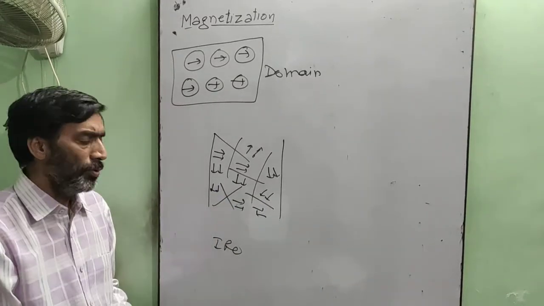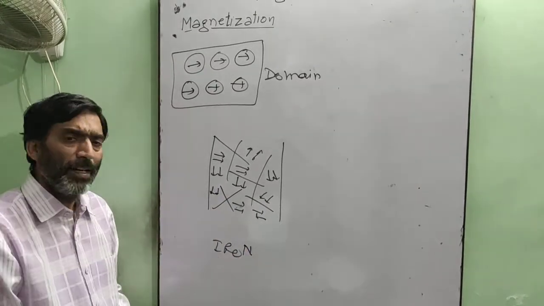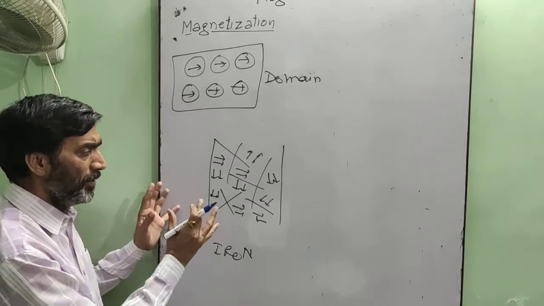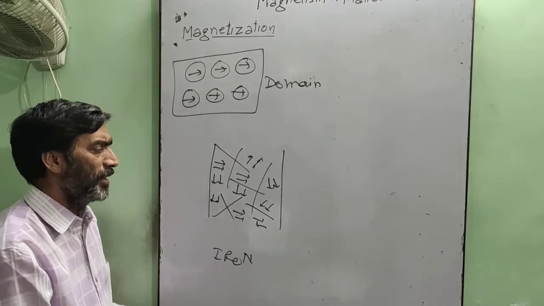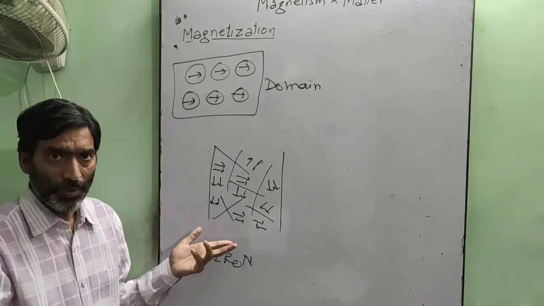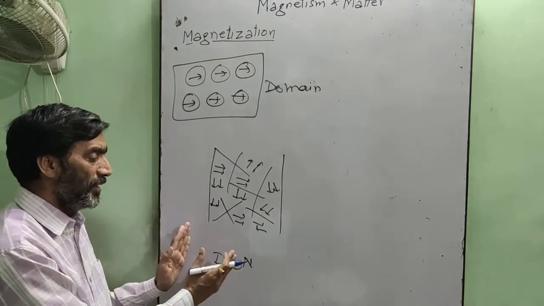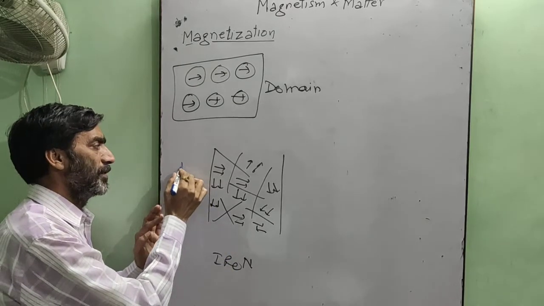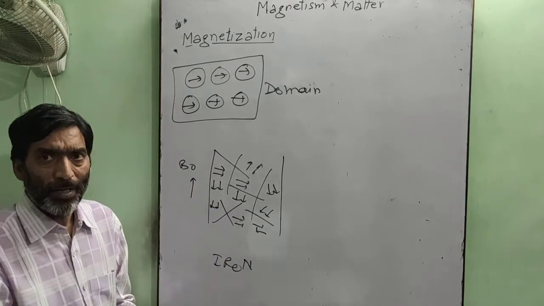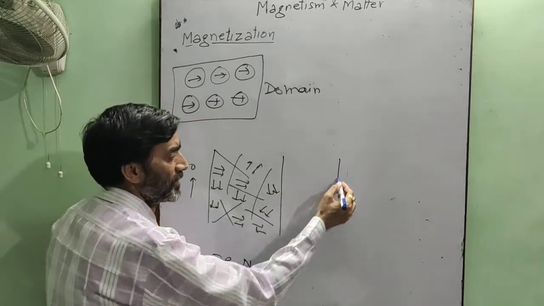There is no net magnetic effect. But if we apply an external magnetic field, the external magnetic field exerts a torque on these domains or magnets. So these domains align in a single direction, the direction of the applied magnetic field, and the situation is like that.